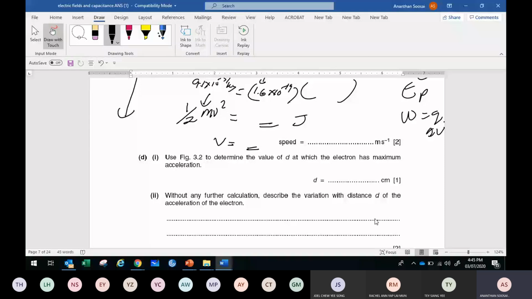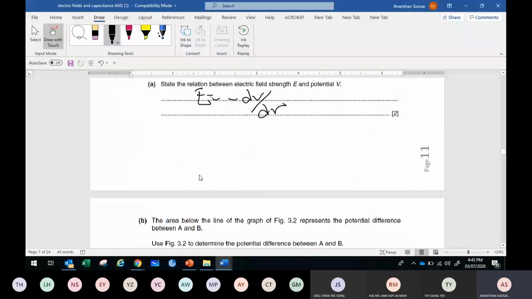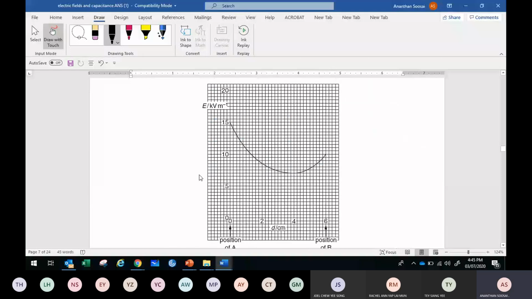Determine the value of d at which the electron has maximum acceleration. Okay. For this, I have to go back to the graph. Try to understand the question first. At which d does the electron attain maximum acceleration? Okay, so I go back to the graph. Anyone?